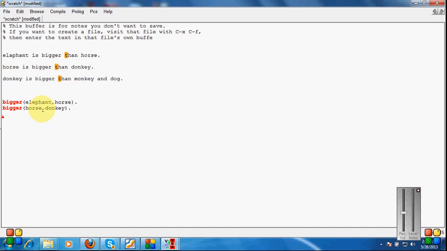Because horse is bigger than donkey, it takes the first position, donkey is again in the second position in the relation. Position matters here because it is matching by positions. bigger(donkey, monkey), okay, and bigger(donkey, dog).